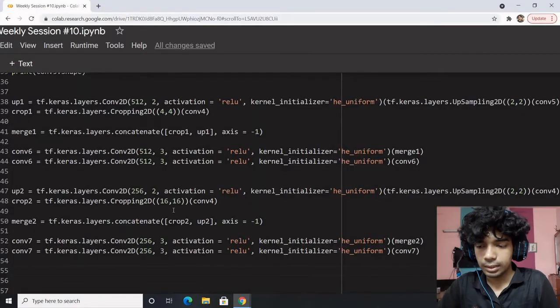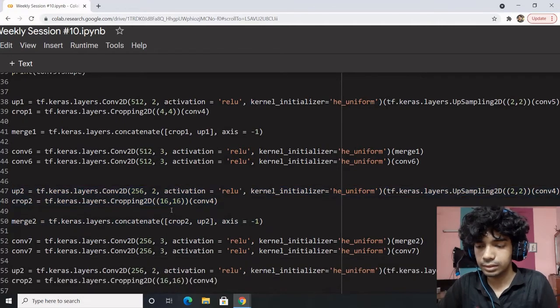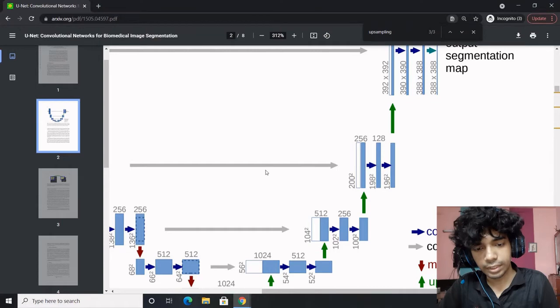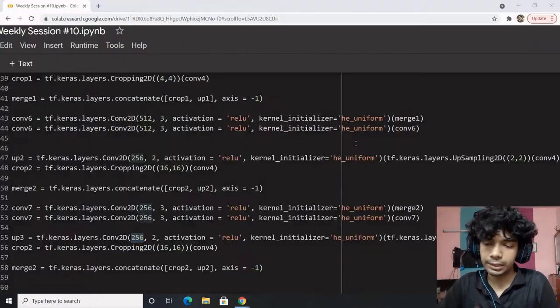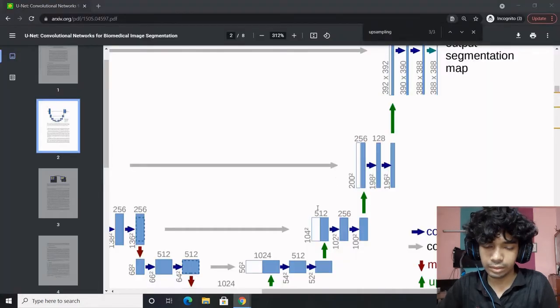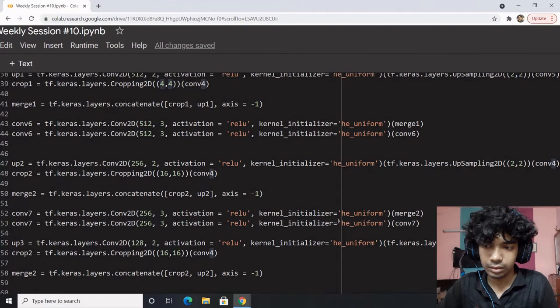This again goes through an upsampling process, which I would call upsampling 3, wherein the number of effective filters would be 256 by 2, which is 128. Upsampling would happen on convolution 6.